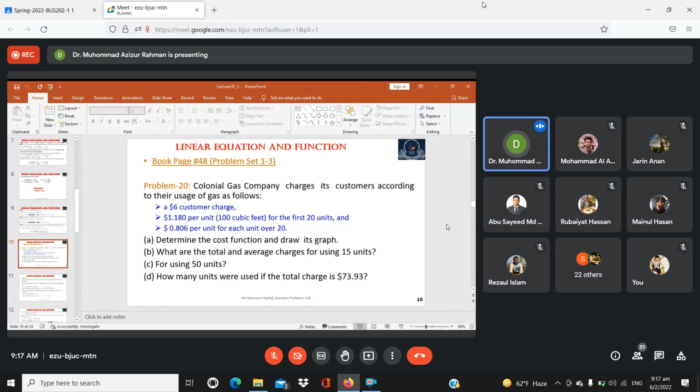Colonial Gas Company charges its customers according to their usage: $6 customer charge, $1.18 for the first 20 units, and 0.806 over 20 units. We need to find the cost function and draw the graph, and find the total and average cost if you use 15 units. If you use 50 units, what will be the total cost and average cost? And how many units are used if the total charge is 73? Exactly a similar problem. We'll just quickly see.